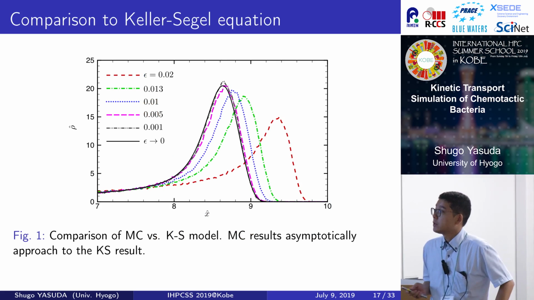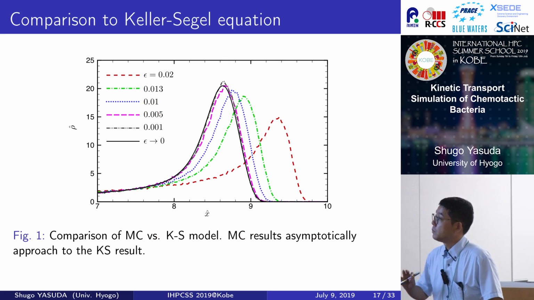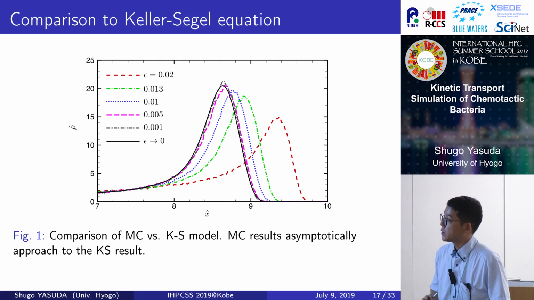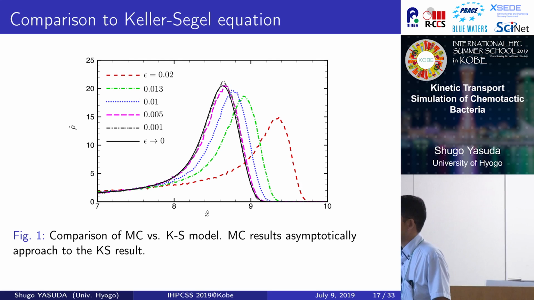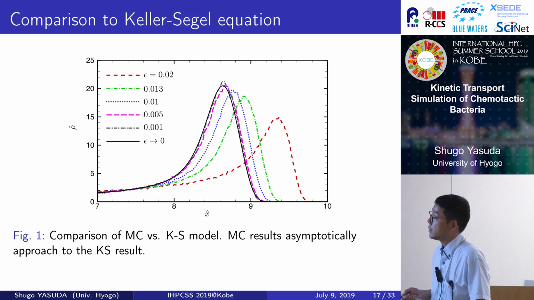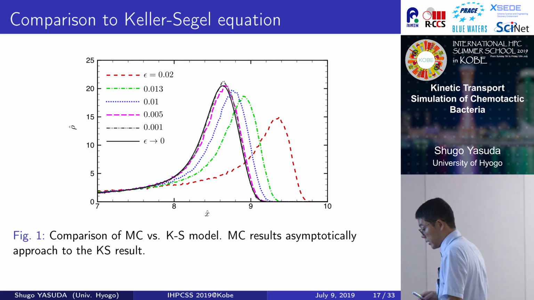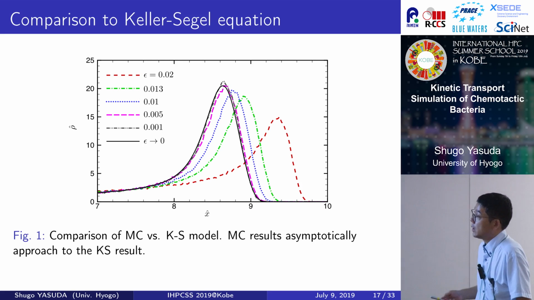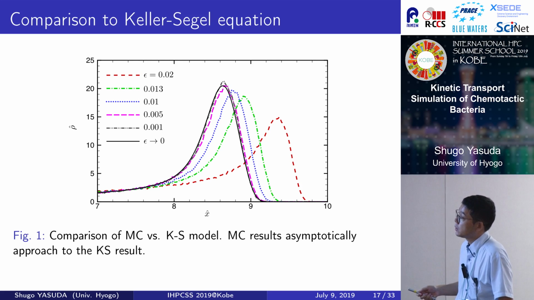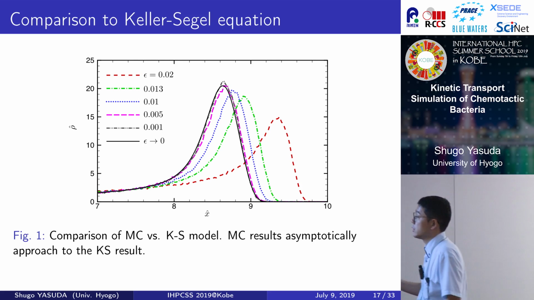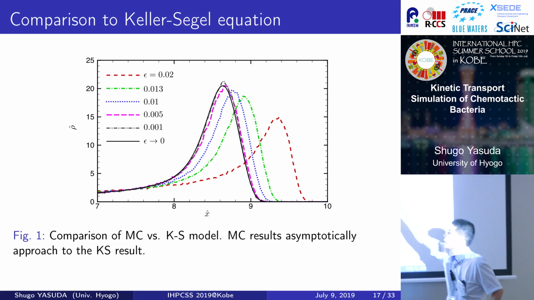And I also checked that my Monte Carlo simulation can reproduce some theoretical results. Here I compare my Monte Carlo simulation result with the Keller-Segel equation. The vanishing limit of epsilon means the Keller-Segel limit, the continuous limit, which is described by this black curve.